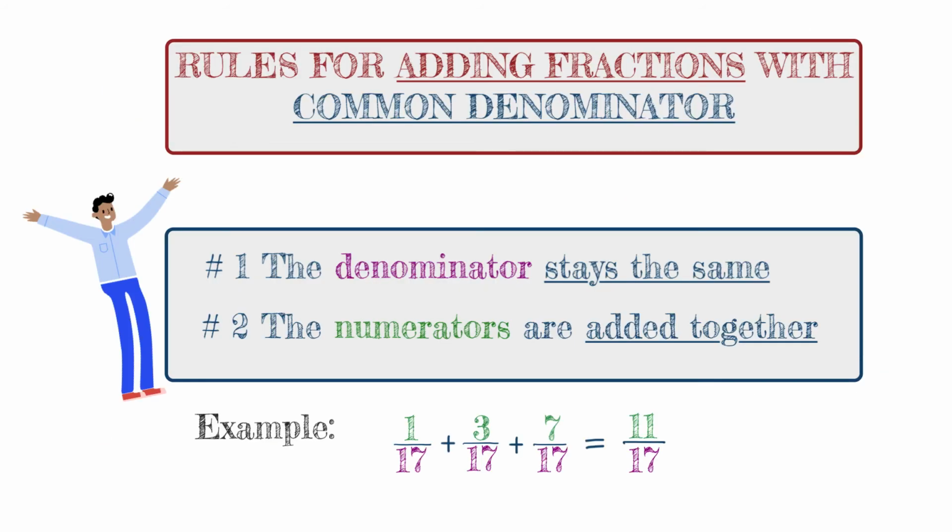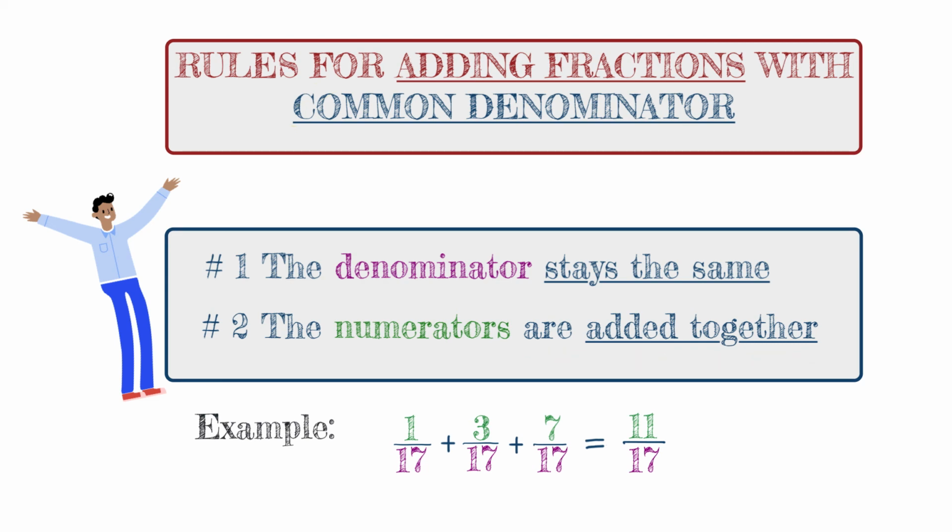So the rules for adding fractions with common denominator are: 1, the denominator stays the same. 2, the numerators are added together.